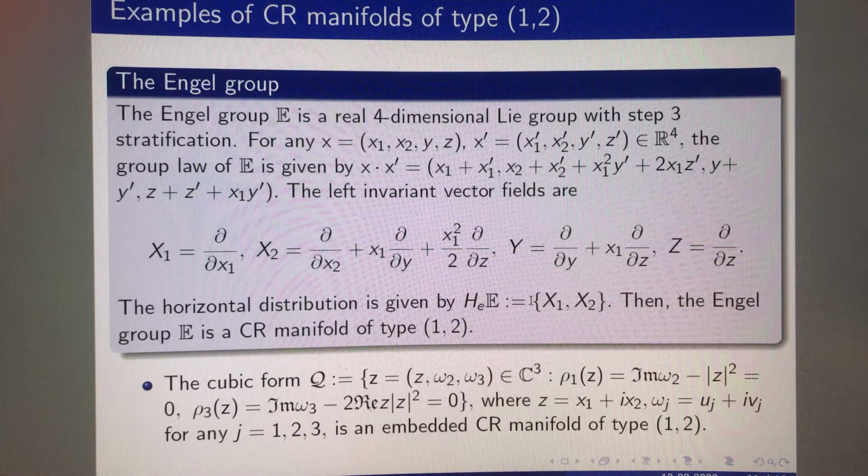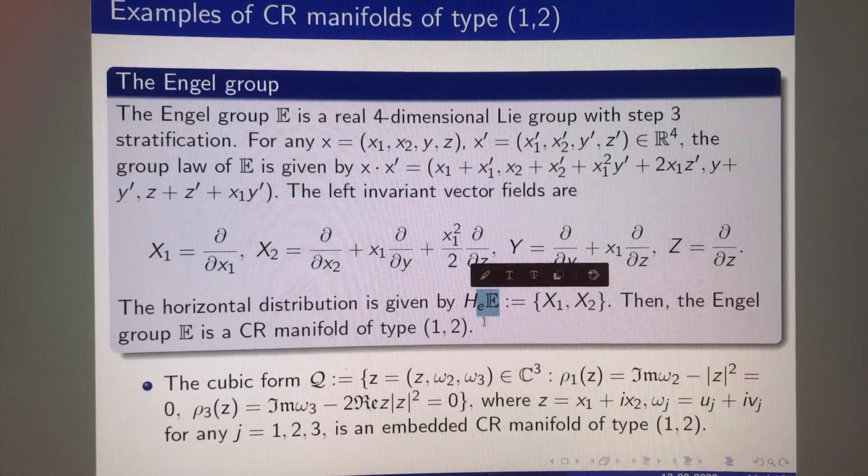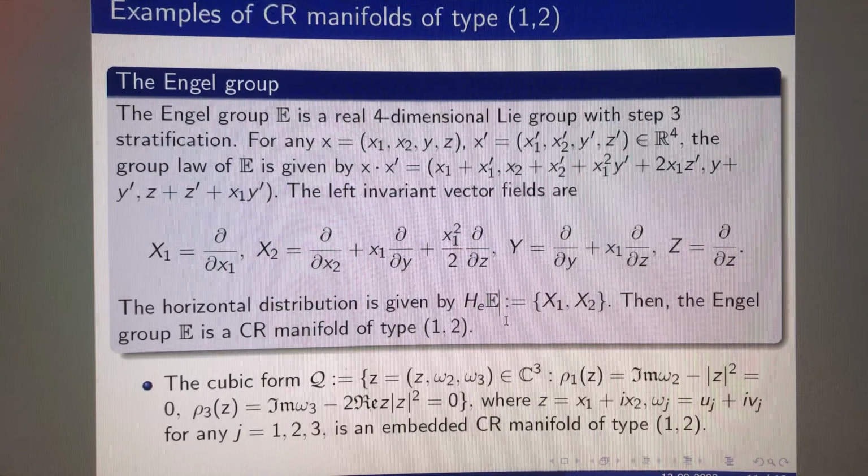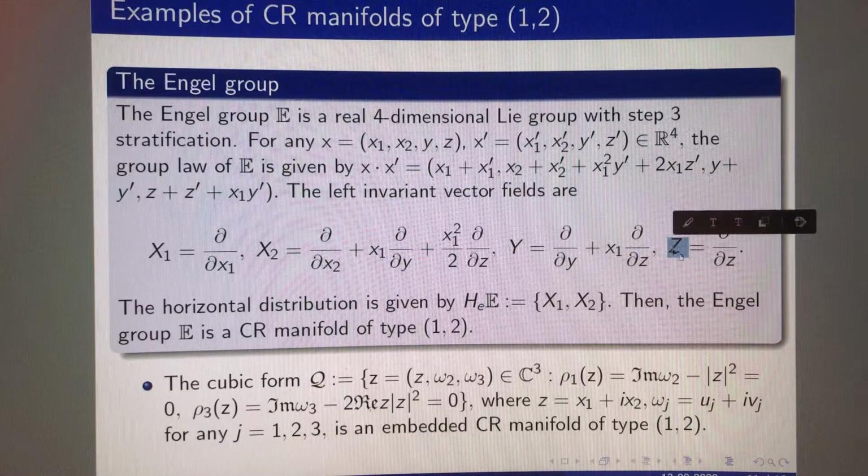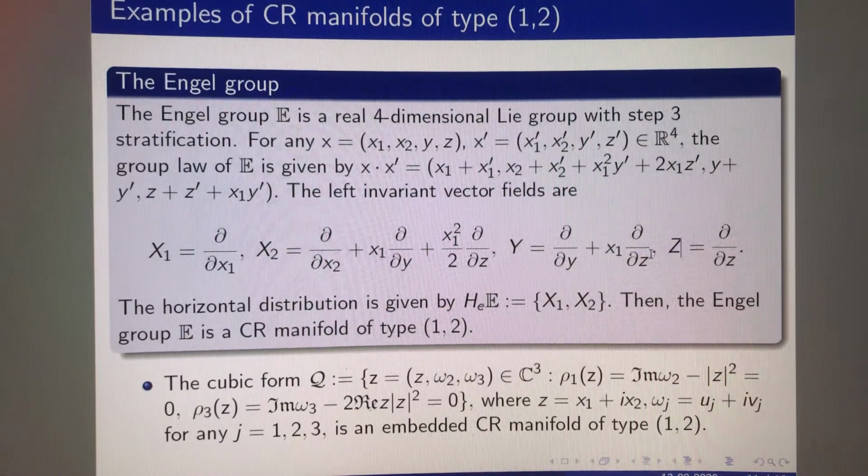And we also know that the Lie relation for X1, X2 is given by the Lie bracket of X1, X2 equal to Y. With those conditions, we have that the almost complex structure defined on the horizontal distribution is actually a complex structure, and hence the Engel group is actually a CR manifold of type (1, 2), because we got two elements in the codimension.